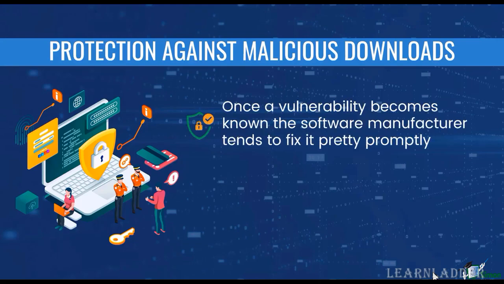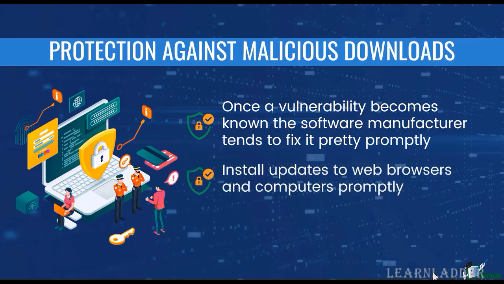Once a vulnerability becomes known, the software manufacturer tends to fix it promptly. It's important to promptly install updates to your web browsers, other software, and your computer's operating system. The sooner you install new updates, and especially security updates, the smaller the window in which an attacker might be able to use that vulnerability to gain access to your computer.